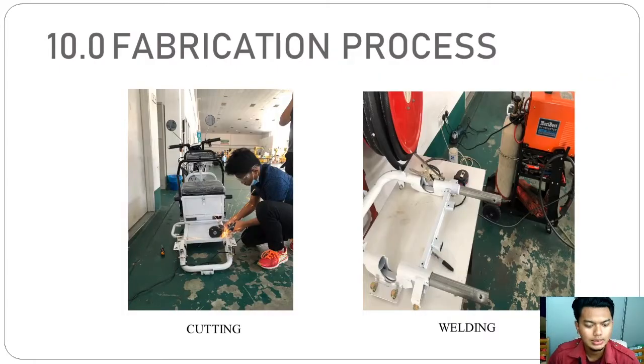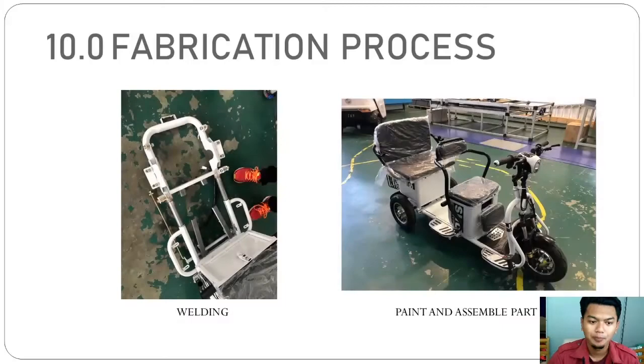First we select the steel, which is a hollow steel, and do a cutting process with a hand drill, and then we assemble the chassis by doing a welding process.